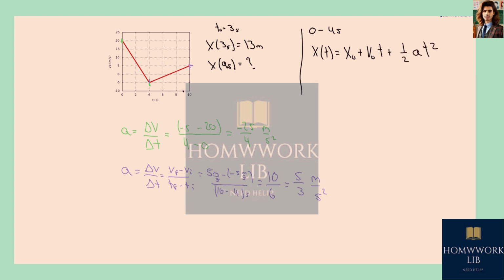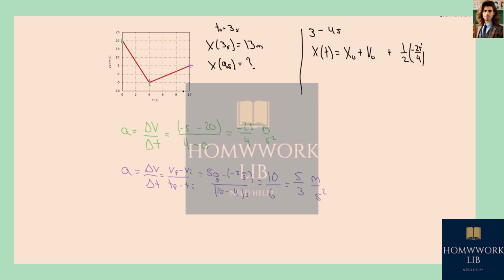In this case, what we are interested in actually is the value from 3 to 4 seconds. The value for acceleration is given by the graph that we found, so minus 25 over 4. And in this case, the value for time that is going to elapse from 3 to 4 is going to be equal to 1 second.